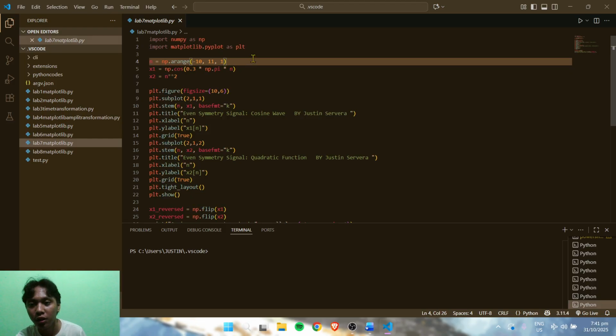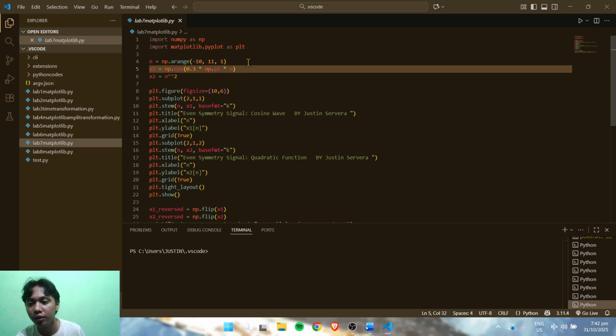This statement here is for the array of numbers starting from negative 10 to 10 with steps of 1. This is the discrete time index, and we need to create the even symmetric signals.